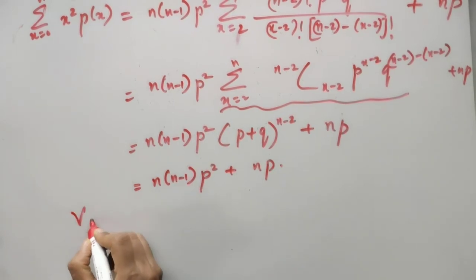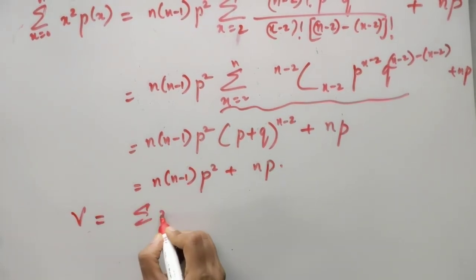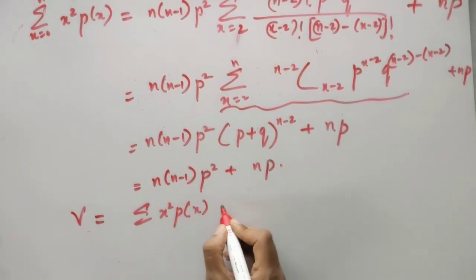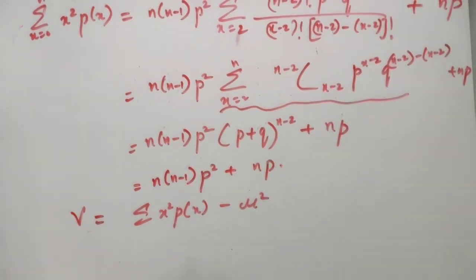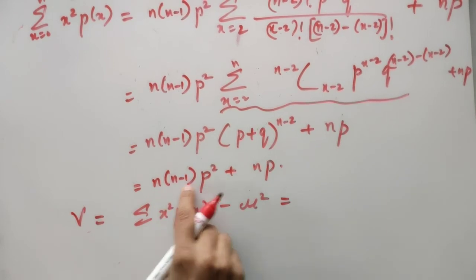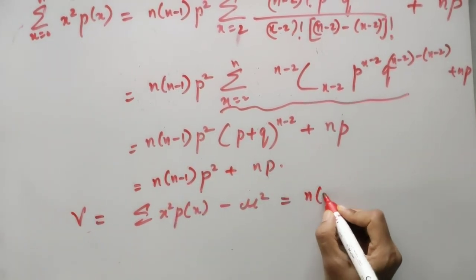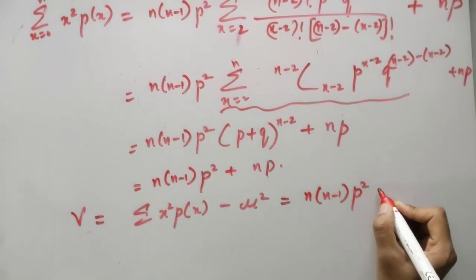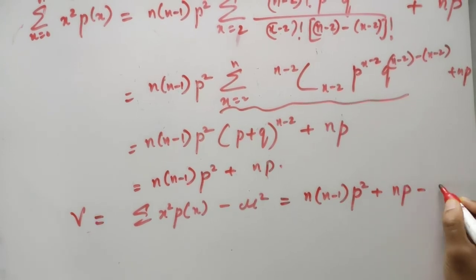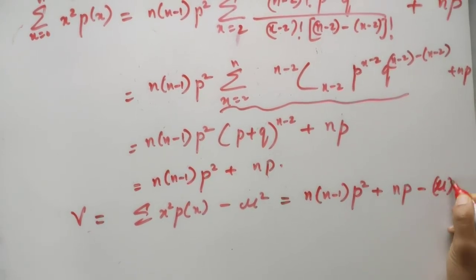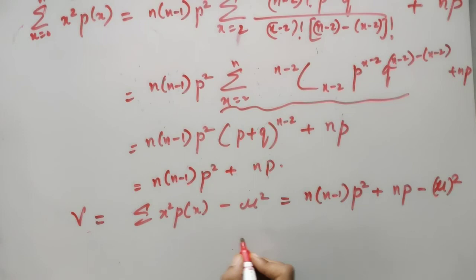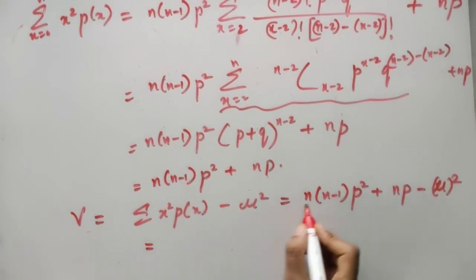Okay, but variance V is equal to summation x square p of x minus mu square. Okay, so let's substitute the value now. This complete first term was evaluated to be like this: n into n minus 1 into p square plus n into p minus mu square. Okay, like this it is. So it will be equal to, let me get this n inside and multiply p square.